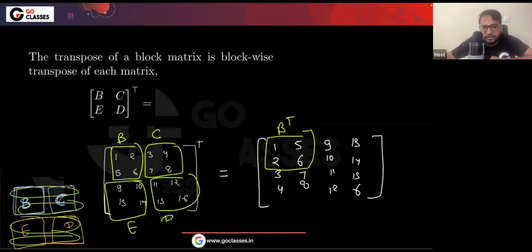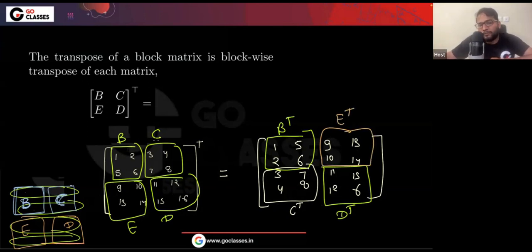Isn't it this one? This one is C transpose, right? Where is D? 11, 12, 15, 16 is here. If you observe, 11 and 12 are written vertically. So this is D transpose. And what about the remaining one? 9, 10, 13, 14. So this is E transpose, right?